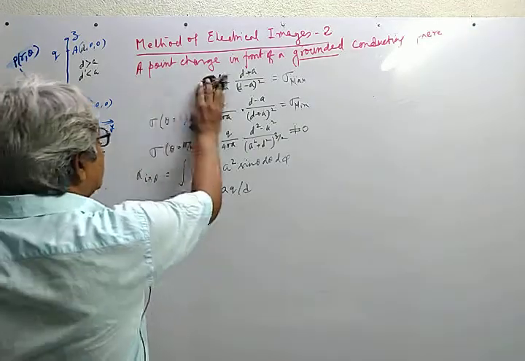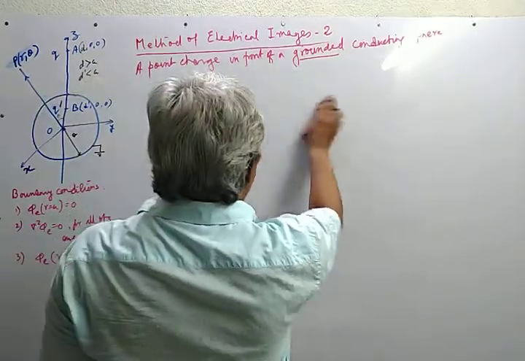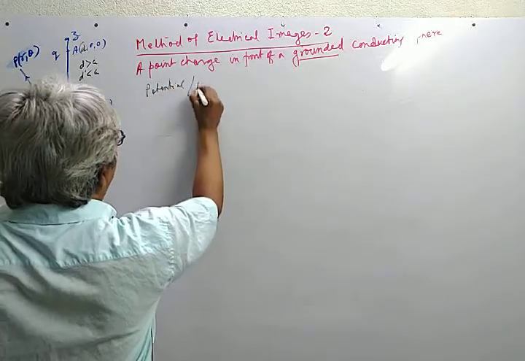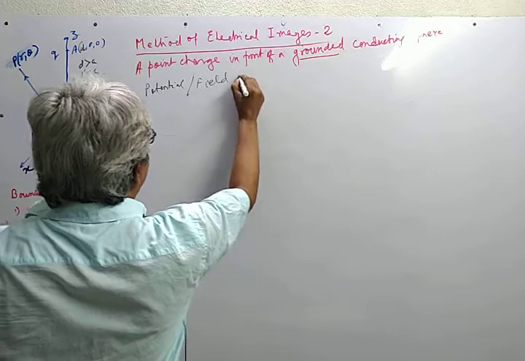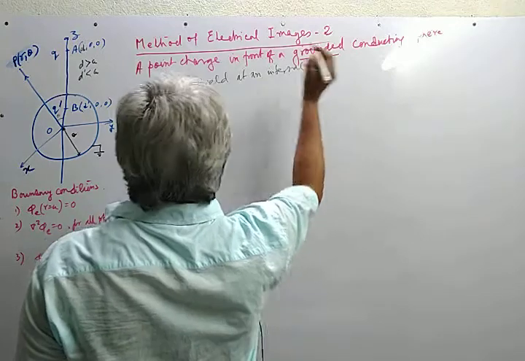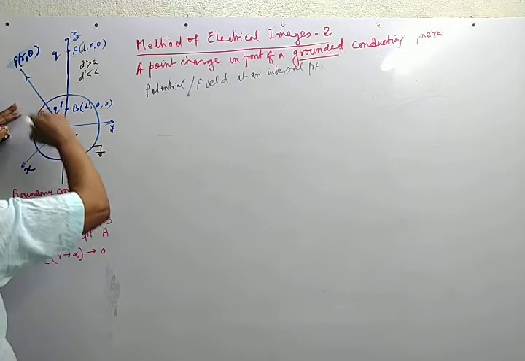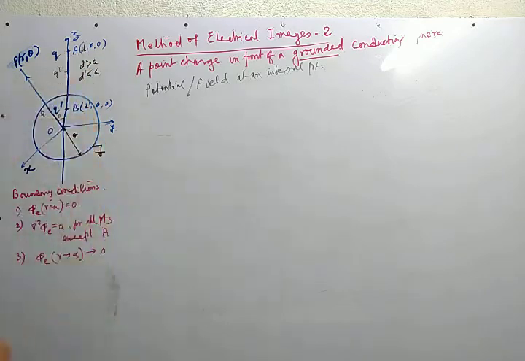If we want to find the potential or field at an internal point, then this P is located somewhere over here, and Q prime must be located outside, because we want to find the field within the sphere, so the image charge must be outside the sphere.